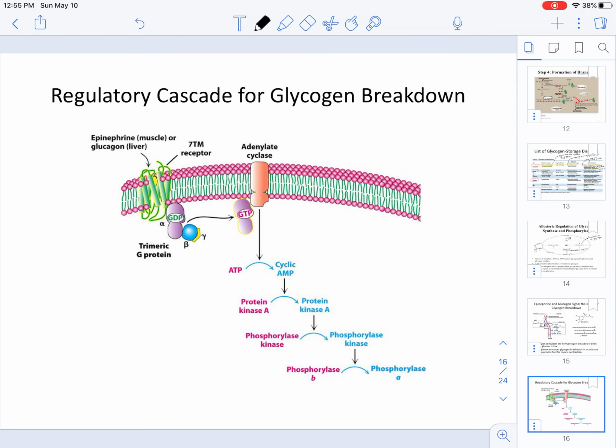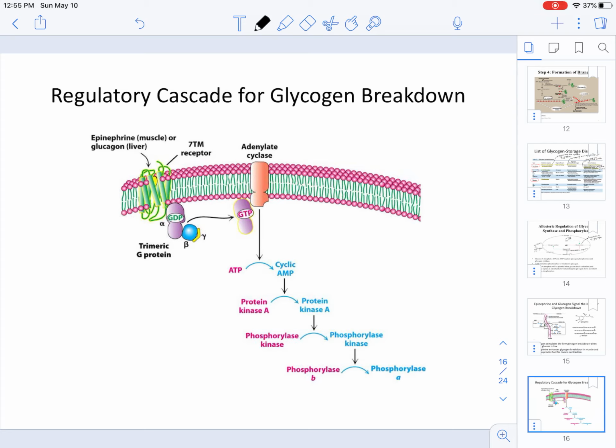Another way in which glycogen breakdown can be regulated is through regulatory cascades. Again, these regulatory cascades are related to the molecules that we observed before. Here we have epinephrine and glucagon specifically binding to a receptor.